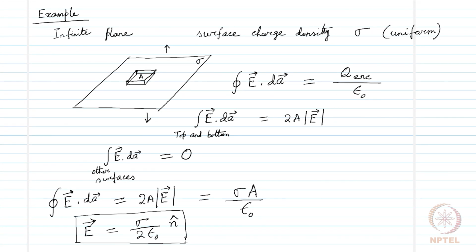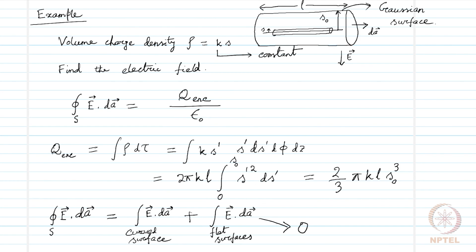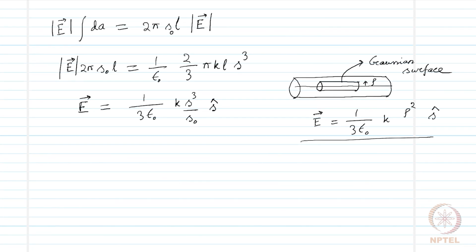In one example, we considered a cylindrical system with some charge distribution, and there we found that the electric field is a function of the distance from the cylinder, if we are outside the cylinder.